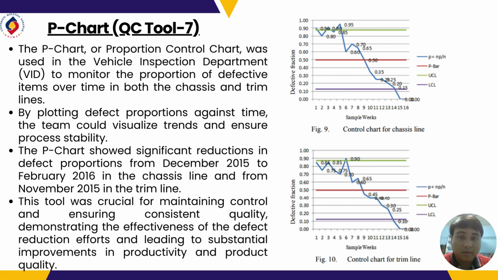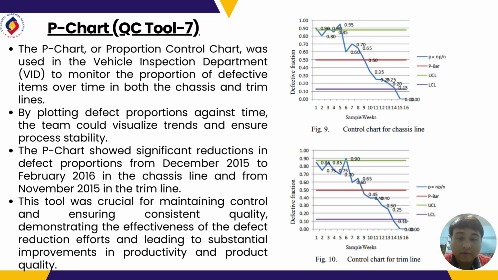The last quality control tool that has been applied in this automobile industry is the P chart. The P chart, or proportion control chart, was used in the vehicle inspection department, the VID, to monitor the proportion of defective items over time in both the chassis and trim lines. By plotting the defect proportion against time, the team could visualize trends and ensure process stability.